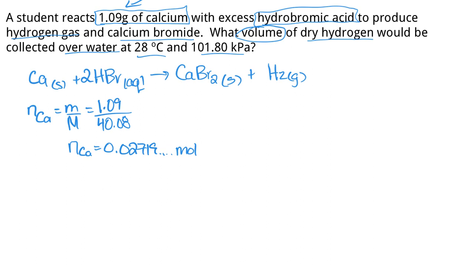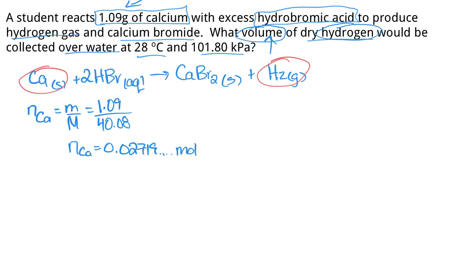Now, our next step in any stoichiometry problem is to use a mole ratio and convert to the number of moles of what we're looking for. So in this problem, we're looking for the amount of hydrogen gas produced. And specifically, we're looking for volume, but before we can find that, we need to find the moles of hydrogen gas. Now, looking at our equation, we have a 1-to-1 ratio of calcium and hydrogen gas.